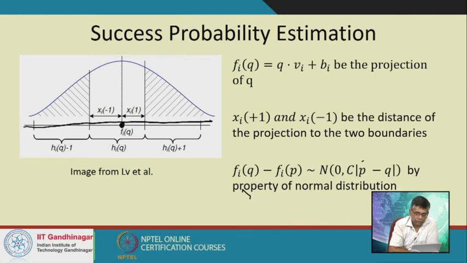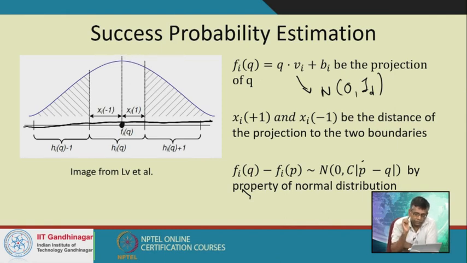Now V_i is chosen according to the uniform distribution on the sphere. If you remember, an equivalent way of looking at it is that V_i is chosen according to N(0, I/d), which means that V_i is a vector of d dimensions, the same dimension as Q, and every index is a Gaussian from N(0, 1/d).